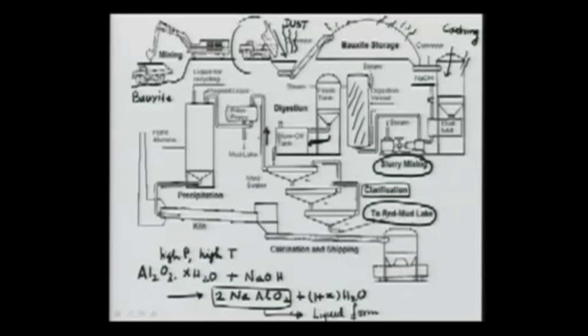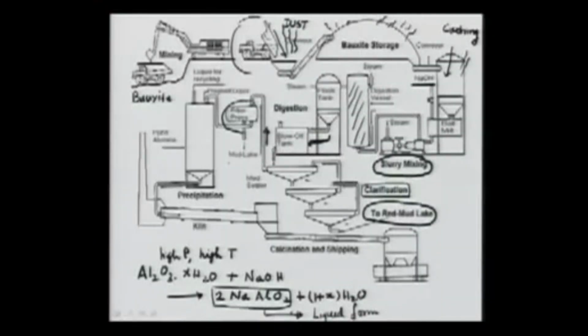After having dissolved the Al2O3 in the form of sodium aluminate, as you see here, what happens to this one? There may still be some impurities. Therefore, what we do is we pass the clearer liquor through the filter press. This is my next step. The filter press will effectively remove almost all suspended impurities.